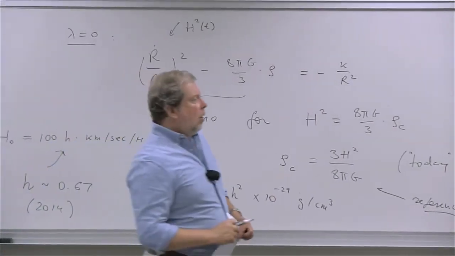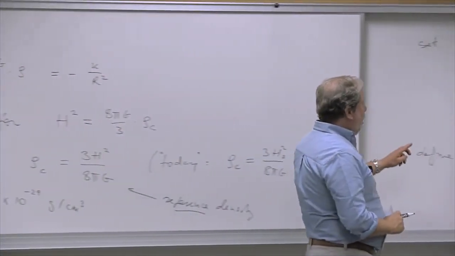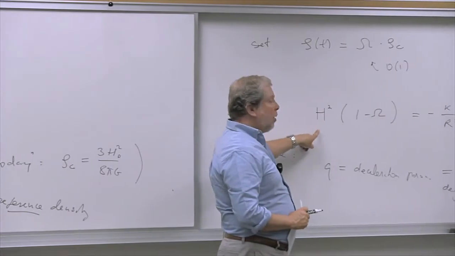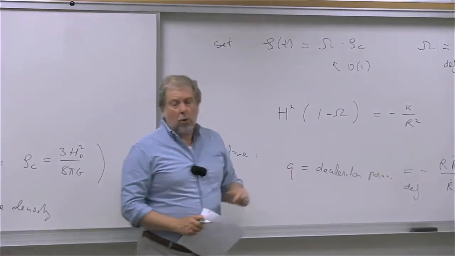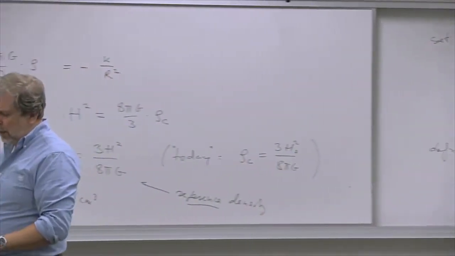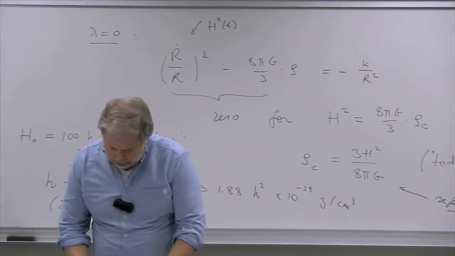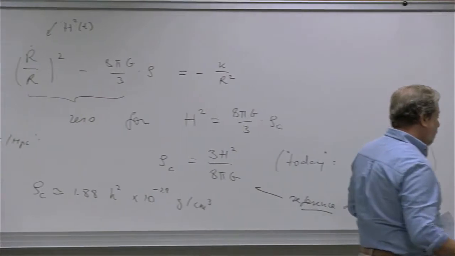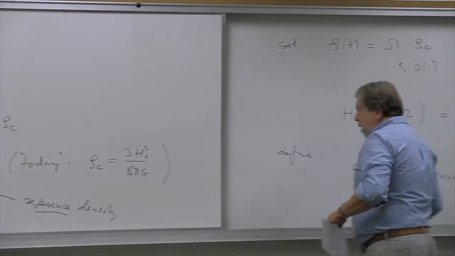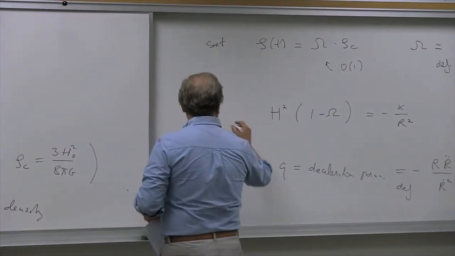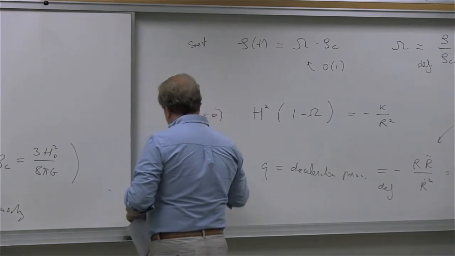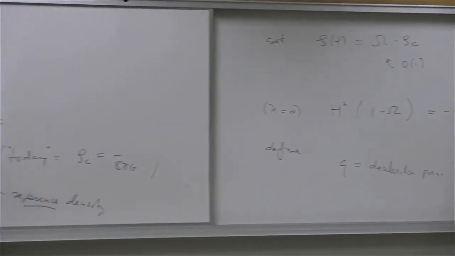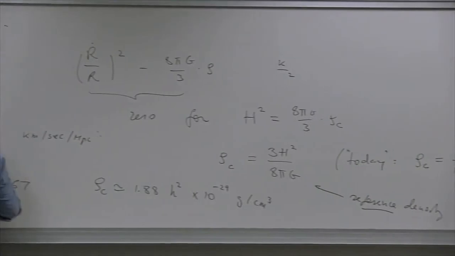And furthermore, this equation only applies when you have just one type of matter, which is ordinary non-relativistic matter. So this was also lambda equal to 0. What we want to analyze is the more general case where lambda is non-zero.